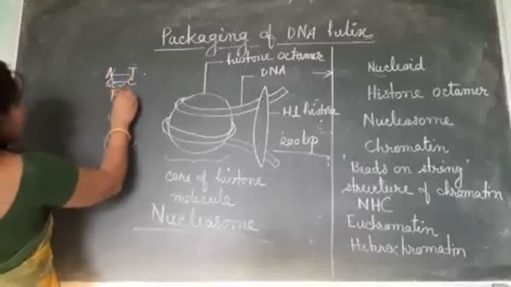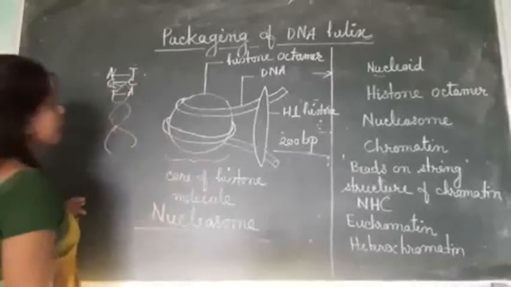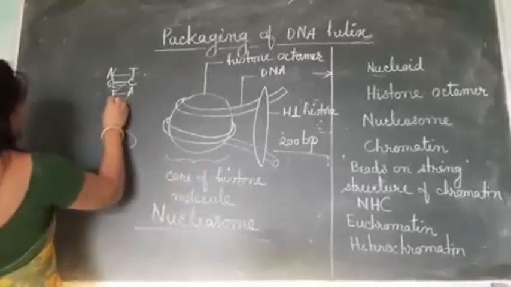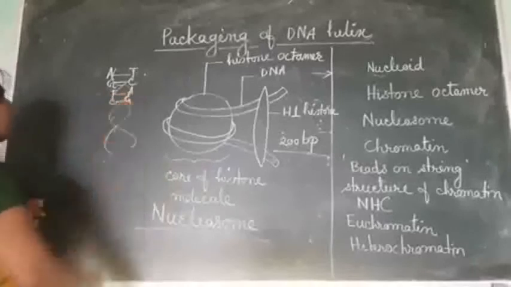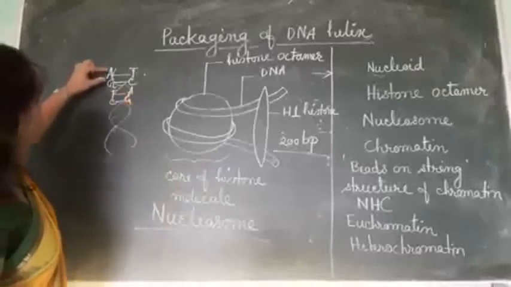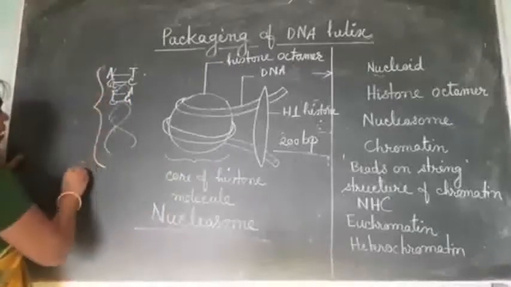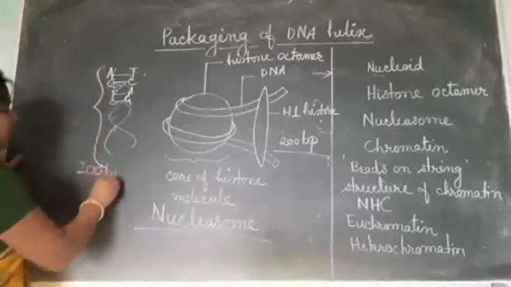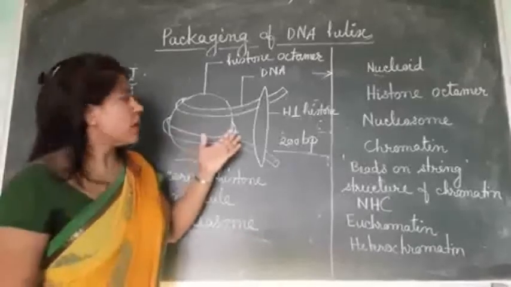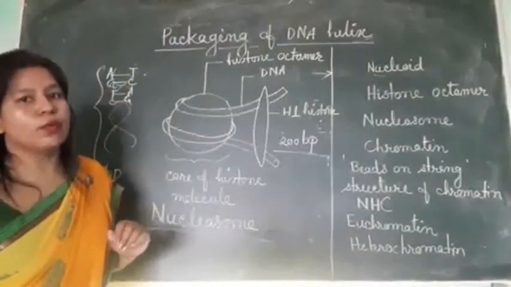Pyrimidine of one strand pairs with purine of the complementary strand, like that. So this is first pair, second pair, third pair, fourth pair, like that. The DNA helix having 200 BP length can wrap around a nucleosome. Clear?